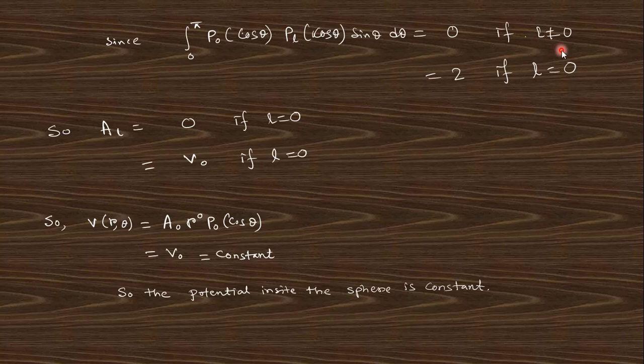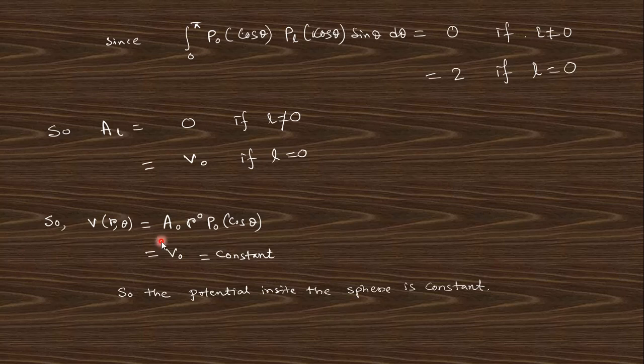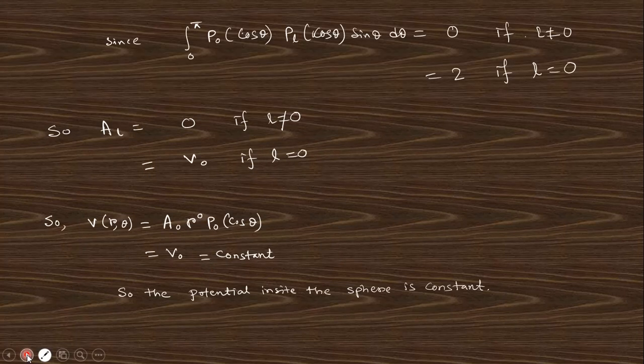So finally you get 0 if l is not equal to 0, and when l equals 0, this becomes V0. Clear? So finally we got that expression for the potential. Here only l equals 0 is present; for the other l the coefficient is 0. So if you put the value l equals 0 in this potential expression, only the l equals 0 term exists. So you will get this expression, that is the potential inside the sphere, right?